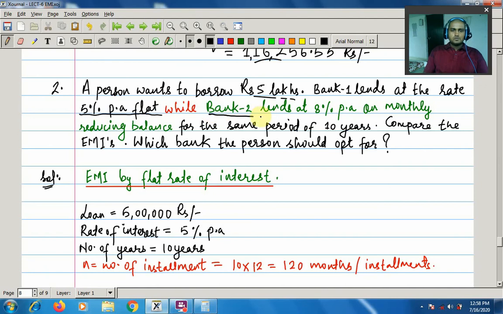Bank 2 lends at 8% per annum on monthly reducing balance. So here we have a comparison of two. One is 5% and the second one is 8%. This is flat rate, this is reducing balance. For the same period of 10 years, compare the EMIs. Which bank should the person opt for?